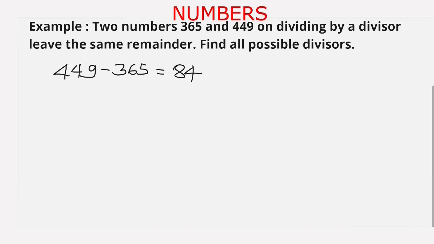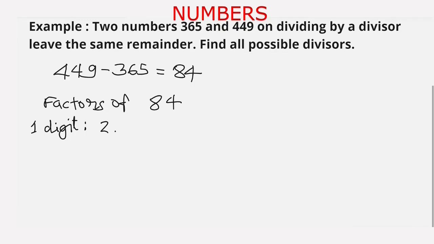So all the factors of 84: the one-digit factors are 2 and 4. The sum of the digits is divisible by 3, so another number is 3. Then 84 is also divisible by 4.